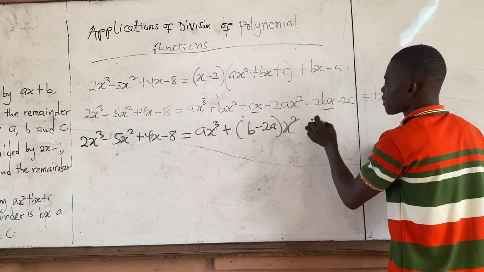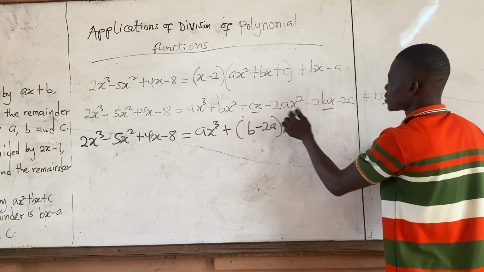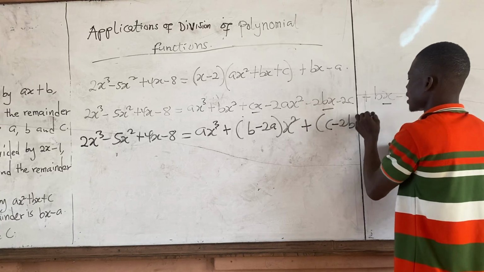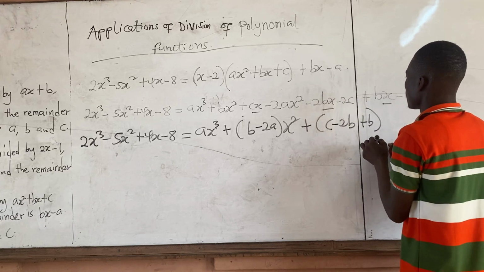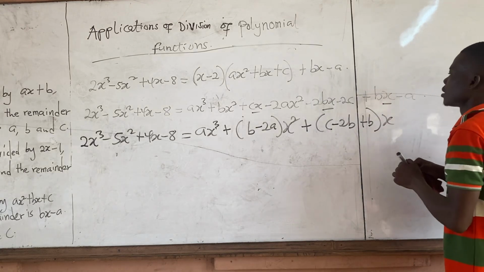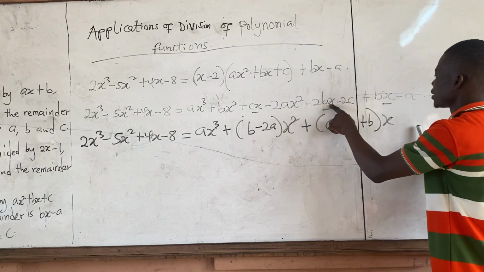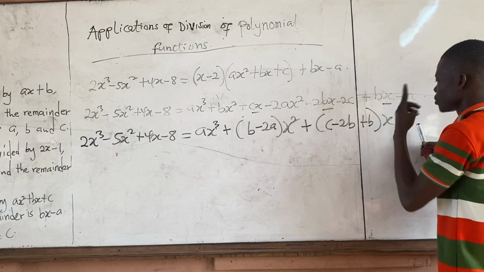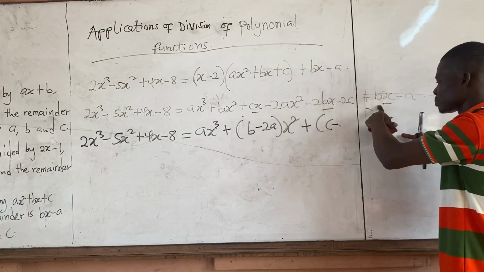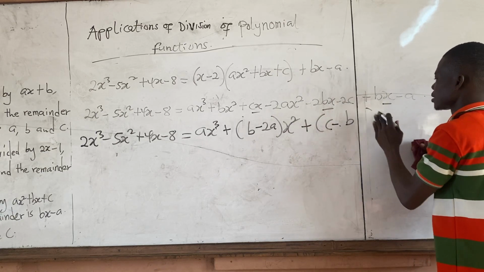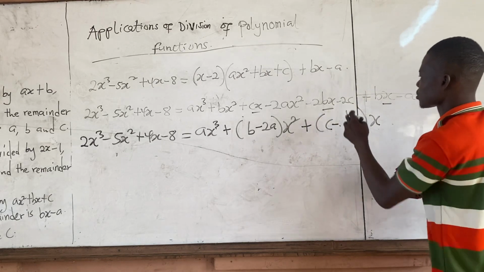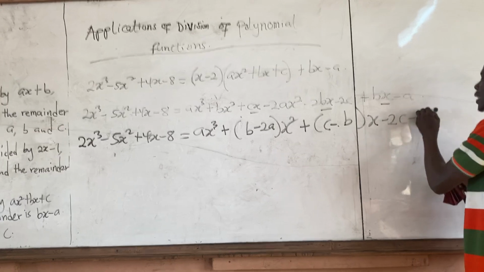You have c minus 2b plus b, or x. And don't forget that minus 2bx plus bx, we will get minus bx. And the constants, we have minus 2c minus a.